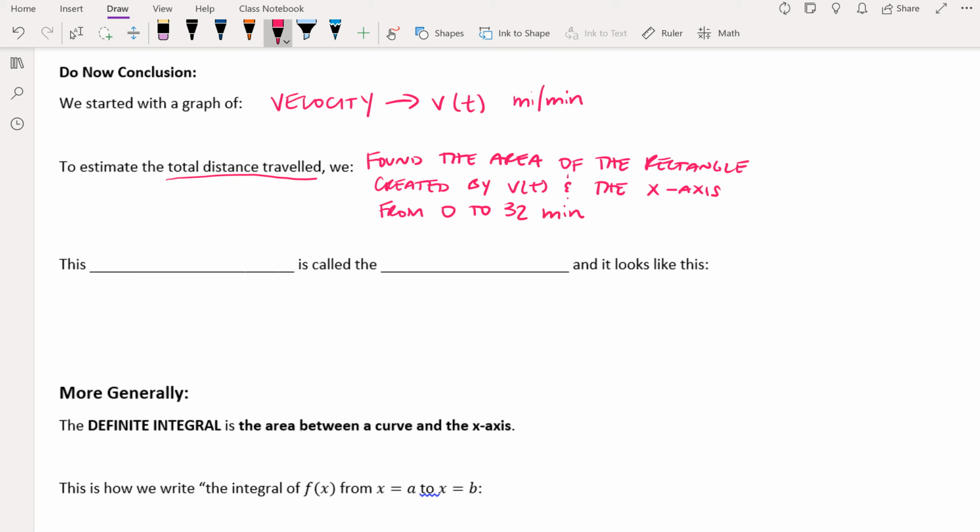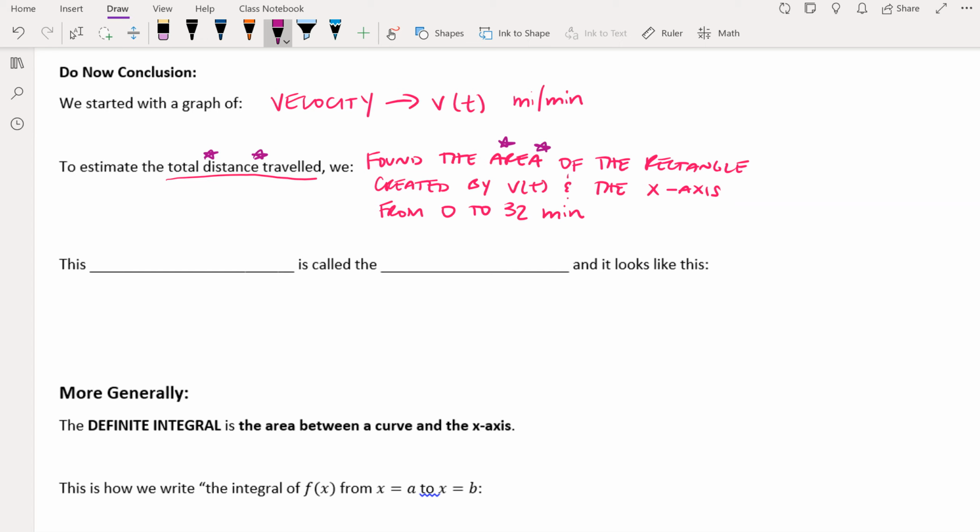Okay, that's what we did in our do now. We started with a velocity function and we found the distance. We found the distance from velocity by finding the area between the x-axis, or the area of the rectangle.